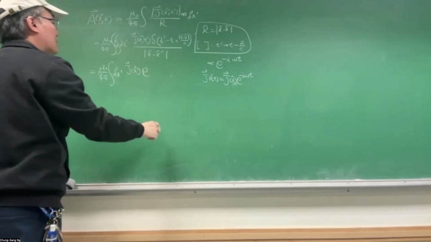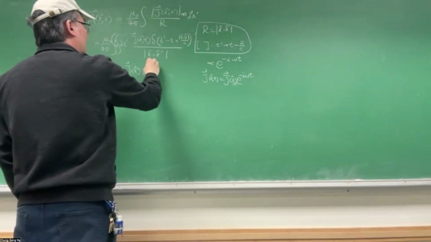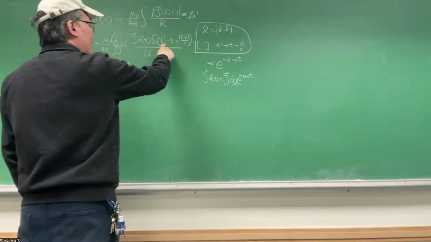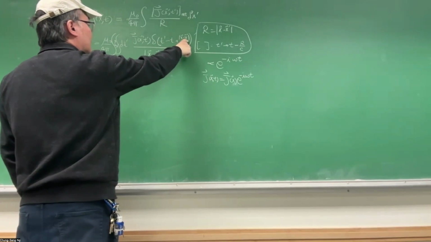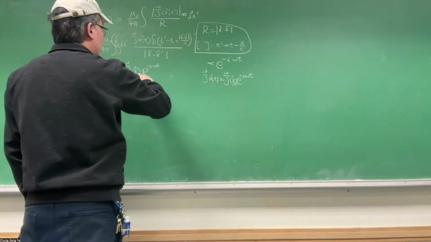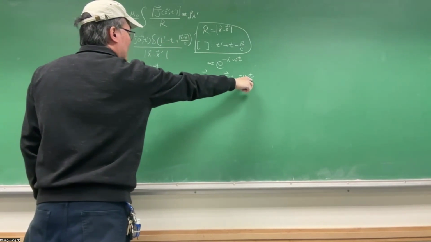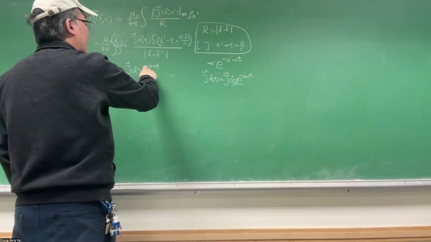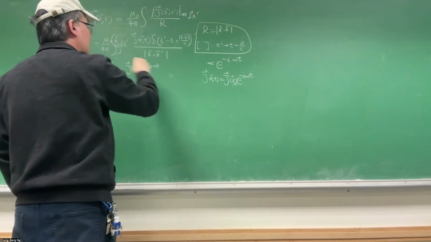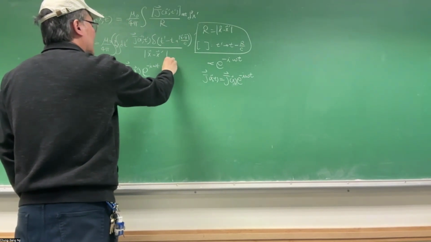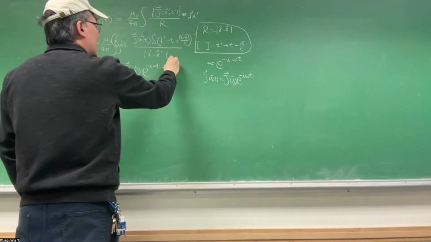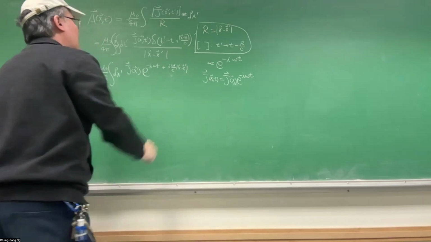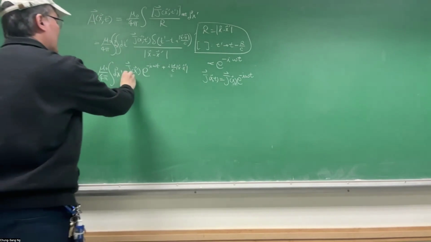Now this has e to the minus i omega t, because t' changed to t minus R over c. You already have a minus sign, and then plus i omega over c times |x minus x'|, and then divided by |x minus x'|.